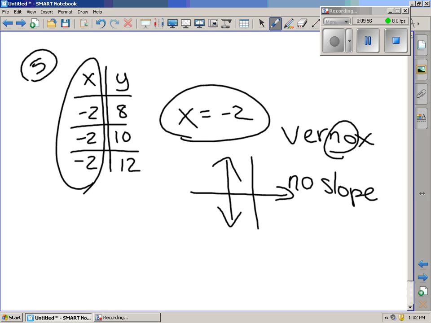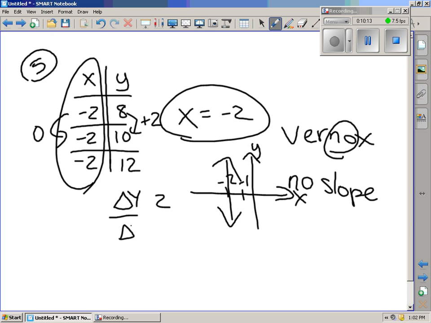We'll have a vertical line at -2. So this is -2 right here. And the slope you'll see from 8 to 10, we have a change of 2 and a change in x of 0. So change in y would be 2, change in x would be 0, and you can't divide by 0, so there is no slope. We also call this undefined.